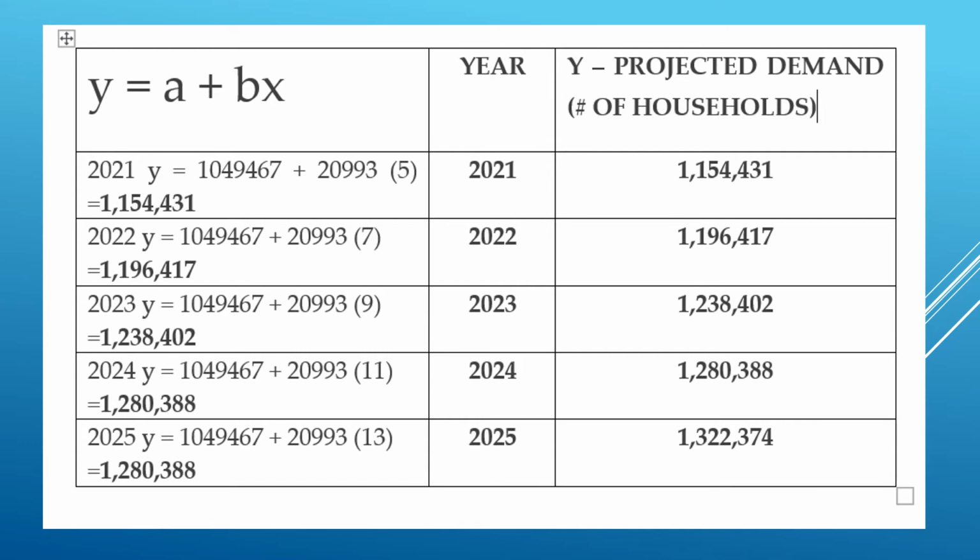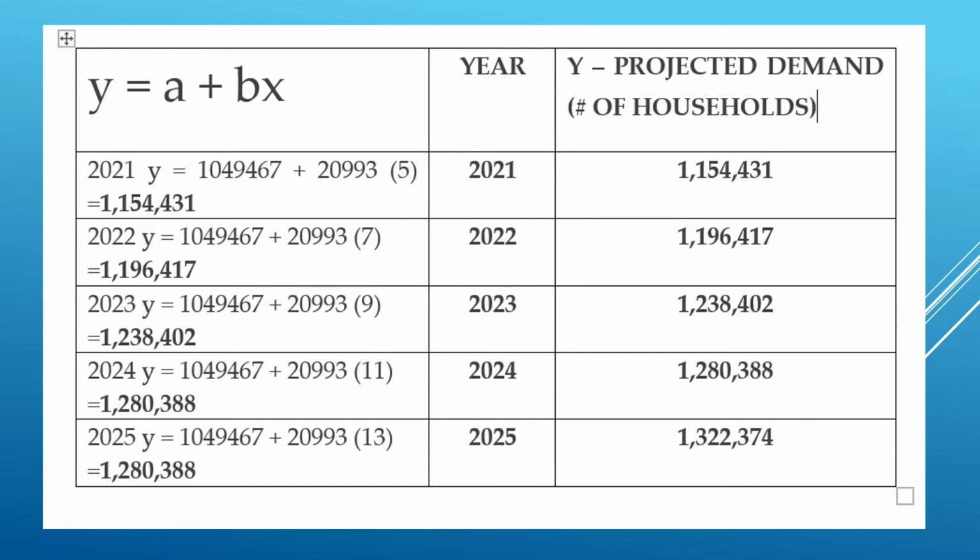Kaya lang magkakaiba-iba sila sa value ng X. So, meron tayo sa 2021, yung X natin is 5, 2022, 7, then year after that is 9, then 11, and 13. Okay, then Y is equal to A plus BX. We have our projected demand of 1,154,431 hanggang sa dun sa makukuha natin for 2025.